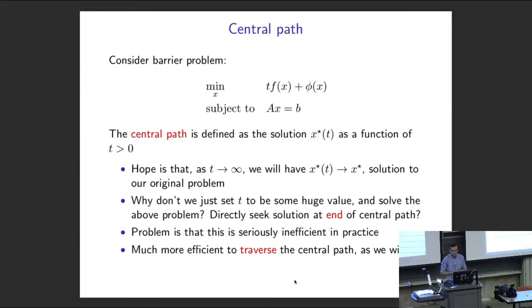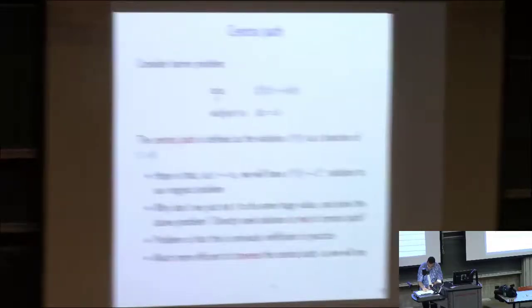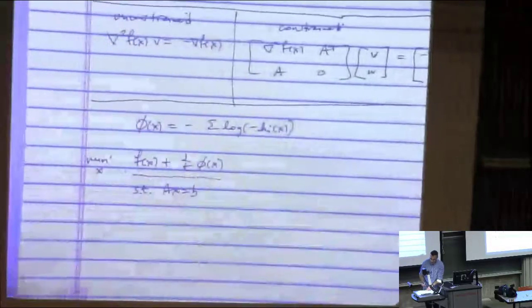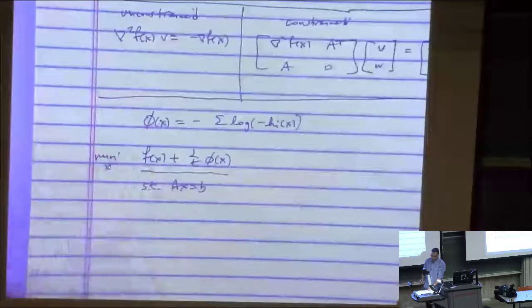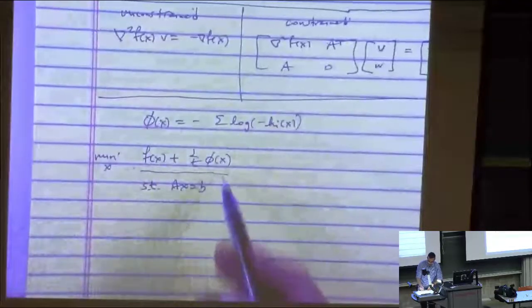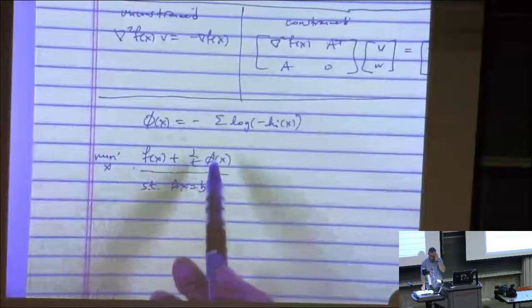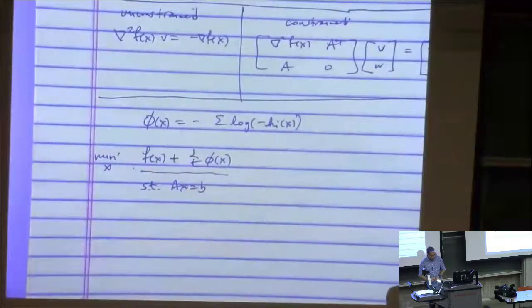So what is the central path? The central path is defined as a solution essentially to this problem, where we've kept the equality constraints, but we've moved the inequality constraints up into the criterion via this trick that was a smooth approximation to the indicator.